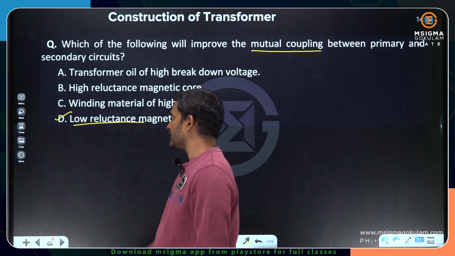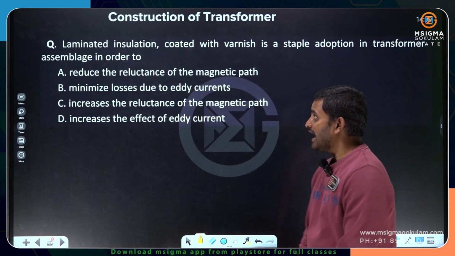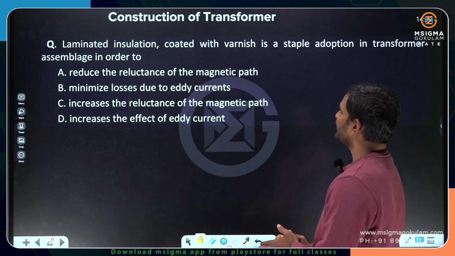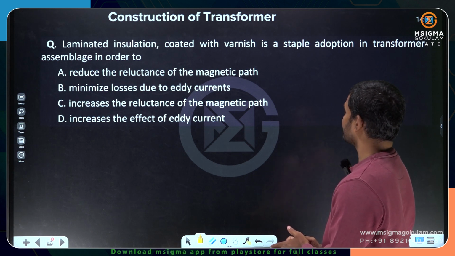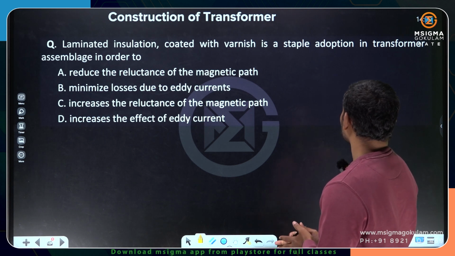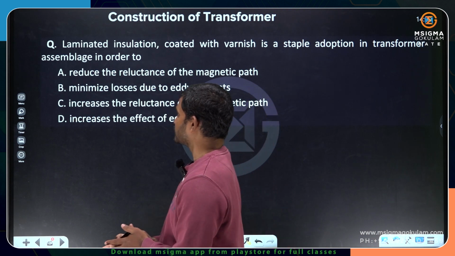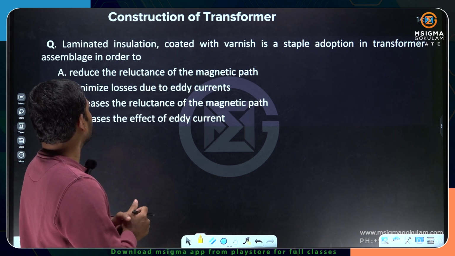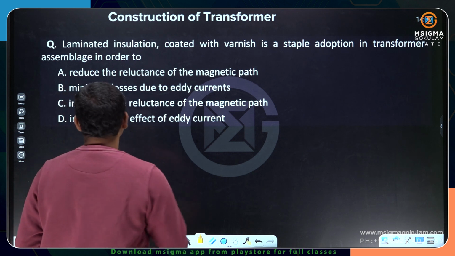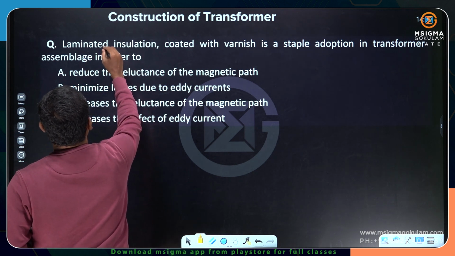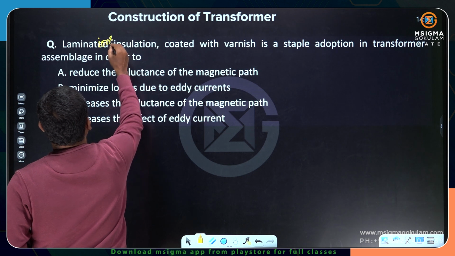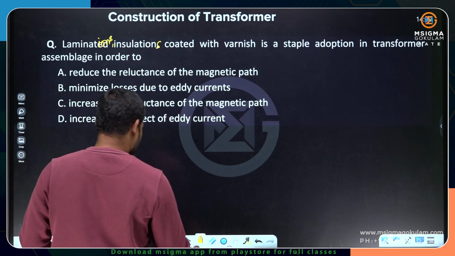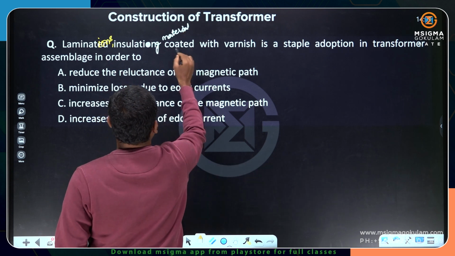All right. So let's move on to the next question. The question he has given is: laminated insulation, coated with varnish, is a staple adoption in transformer assemblage in order to... Okay, it should actually be laminations, and insulating material coated with varnish.